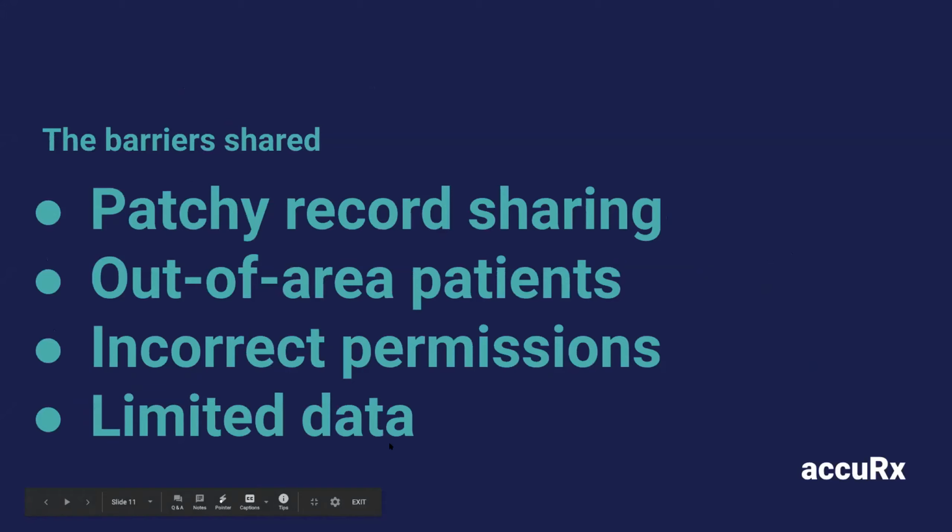And then we were like, okay, well, how come you can't get that at the moment? We've heard of all the Lycras and summary care records and all these different ways of record sharing. And the barriers that started coming out were things like, oh, our Lycra isn't properly set up yet, or a patient's come from outside the area, or maybe I'm in a provider that doesn't have access to it.